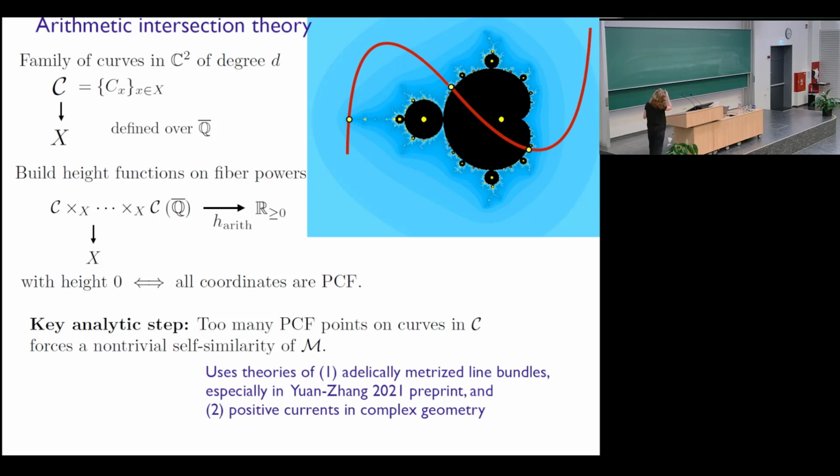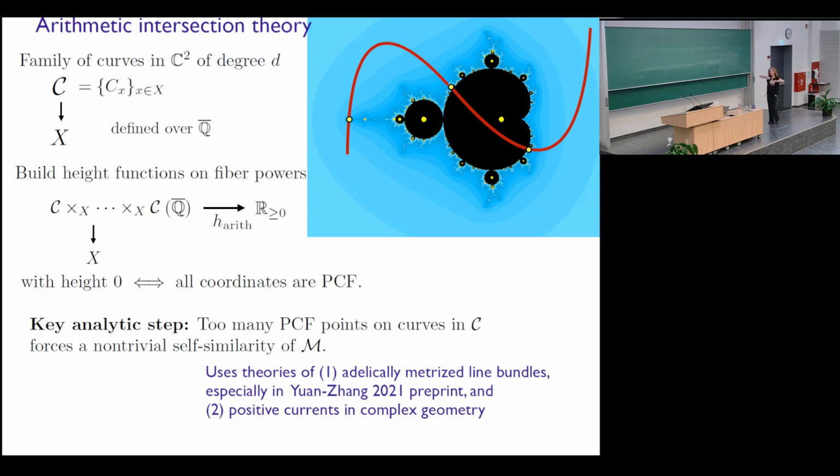First of all, we start by working over the field of complex numbers. It's just a lot easier to work with an algebraically closed field. We work over C. So we take those real curves and we think of them as curves over C. We work in C2. In any case, let's say we start with some algebraic family of algebraic curves in some degree. So X here is my parameter space of curves.